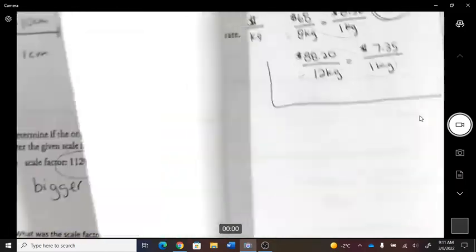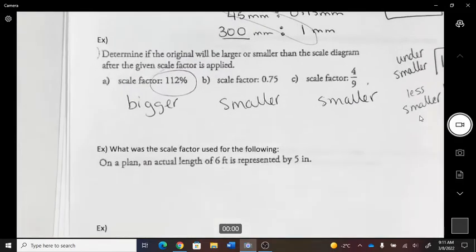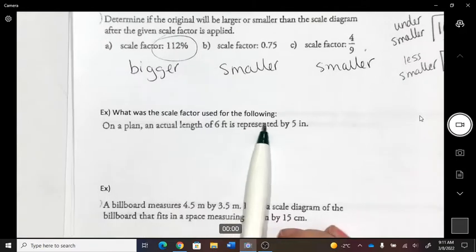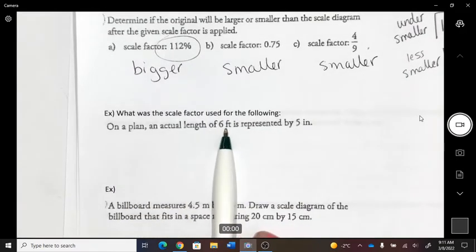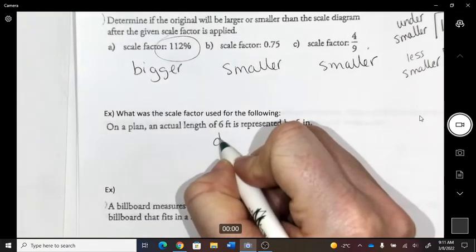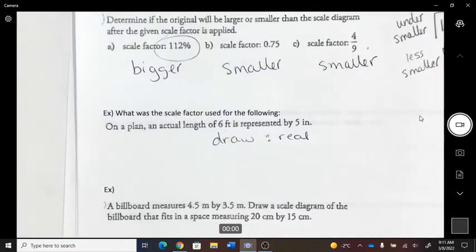Okay, 2 questions left, I think, right? What was the scale factor used on a plan? An actual length of 6 feet is represented by 5 inches. Okay, so we have what's the drawing and what's the real.